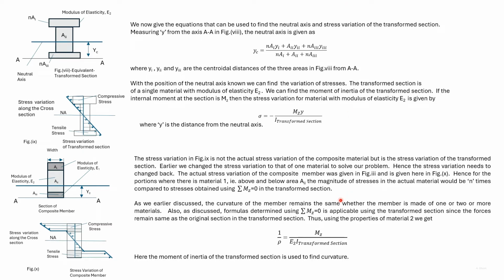Earlier, for a single material, this is the equation of radius of curvature we obtained. So here we use the I of the transformed section and the Young's modulus also of the transformed section. Thus, we obtain the radius of curvature and the curvature of the composite member.